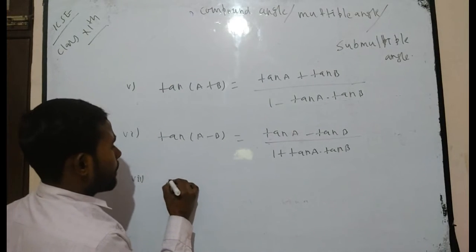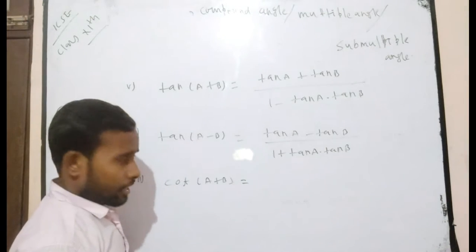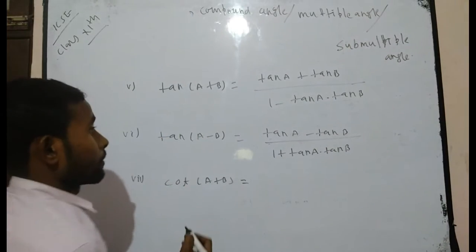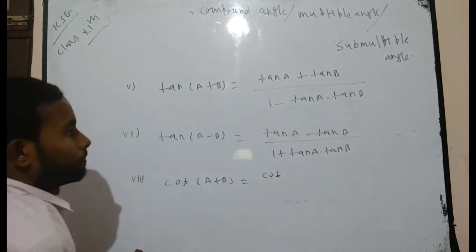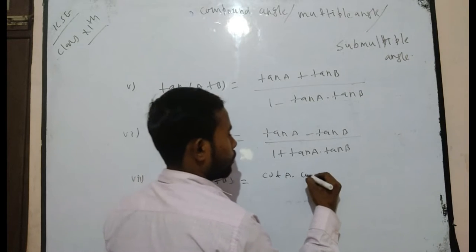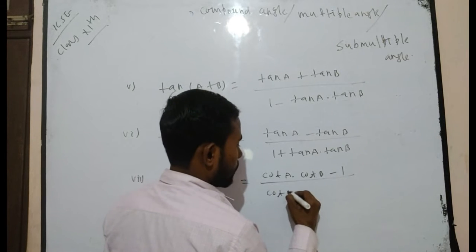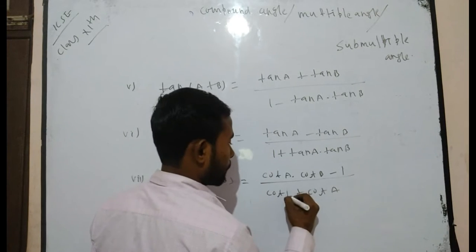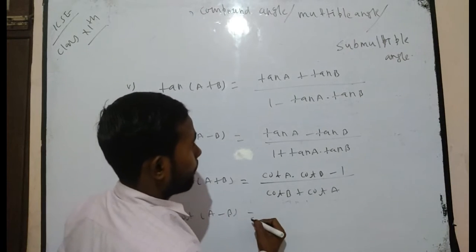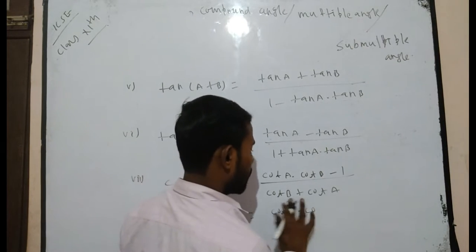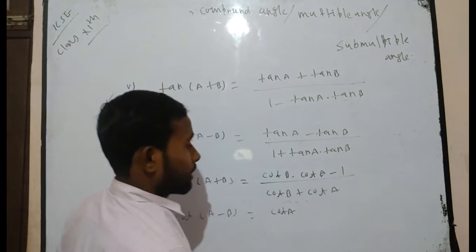cot A plus B is equal to cot A into cot B minus 1 divided by cot B plus cot A. Next will be cot A minus B is equal to cot B into cot A. You have to write here A and here B, such that you can remember easily.